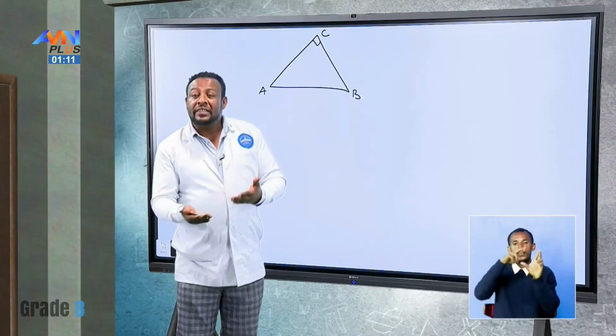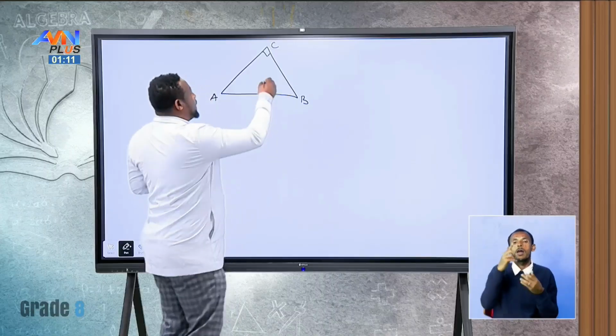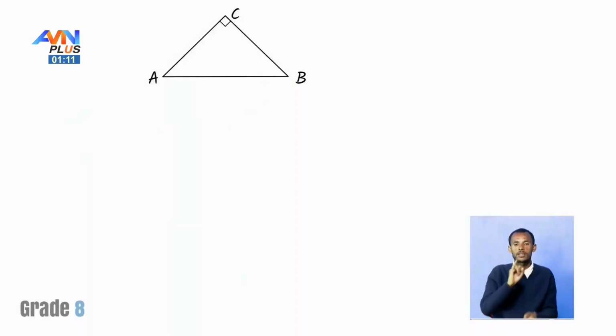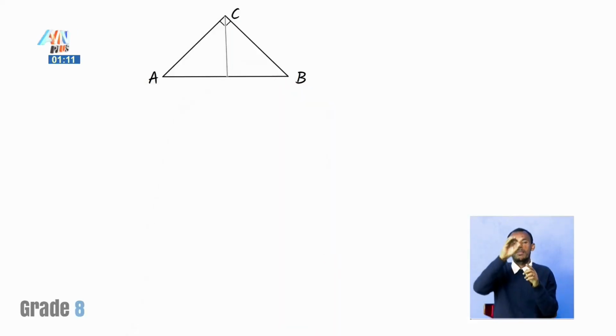So, in Euclid's theorem, we need to have one more side, that is the altitude drawn from this 90 degrees to the hypotenuse, forming a perpendicular, okay?